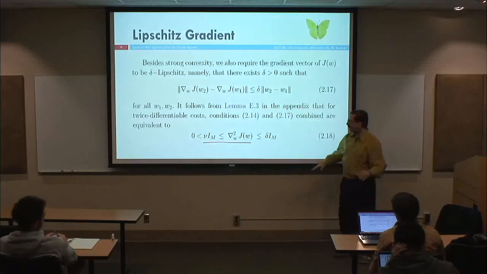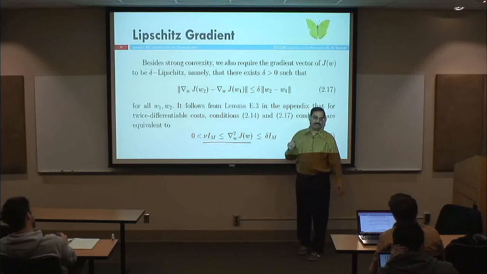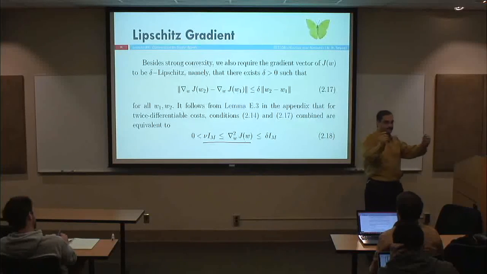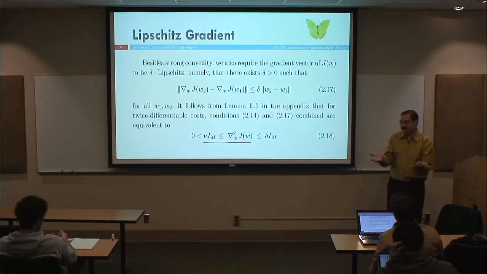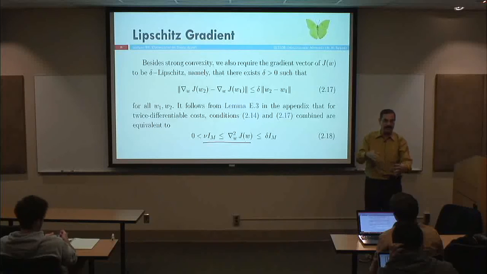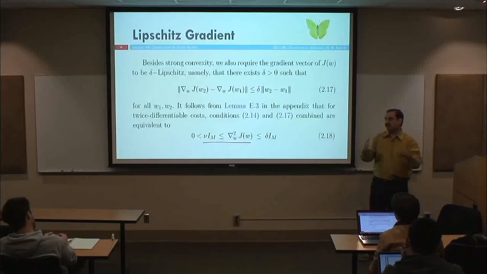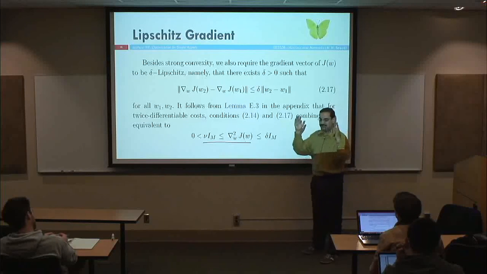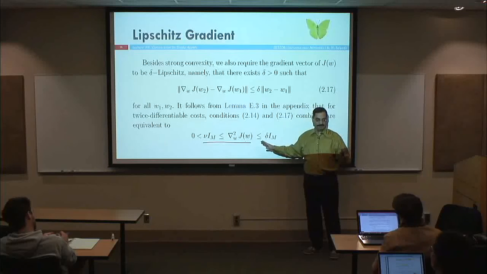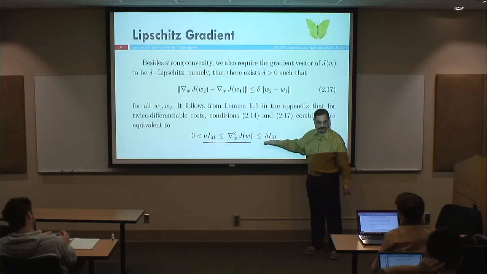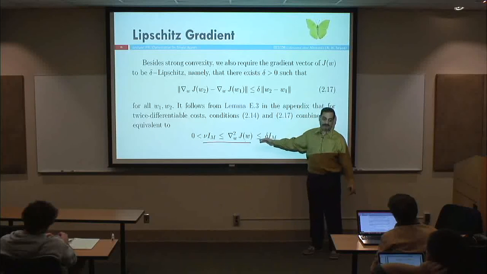You understand that? So that's why I'm going to assume this condition in today's lecture. When I tell you the Hessian is bounded from below and from above, I'm essentially telling you the function is strongly convex and the gradient of the function is Lipschitz, right? So I don't need to say all of that each time. I just need to tell you, assume that the Hessian is bounded from below and from above. Fine? Okay, so now you understand where this condition comes from: Lipschitz gradient, strong convexity.